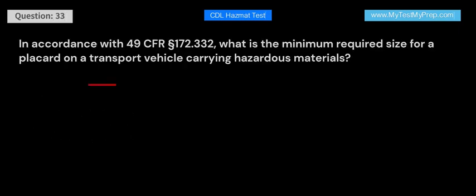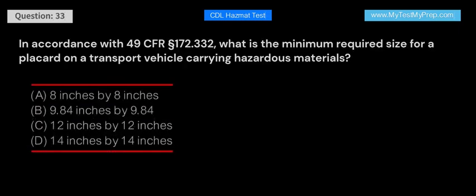In accordance with 49 CFR Section 172.332, what is the minimum required size for a placard on a transport vehicle carrying hazardous materials? A. 8 inches by 8 inches. B. 9.84 inches by 9.84 inches. C. 12 inches by 12 inches. D. 14 inches by 14 inches.